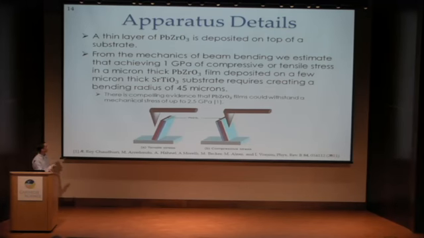We're going to utilize a lead zirconate thin film, about a micron thick, on top of a strontium titanate substrate a few microns thick. A schematic is given here. Some studies have shown that the film can withstand up to 2.5 gigapascals of compressive or tensile stress, so this is definitely feasible in an experimental setting.